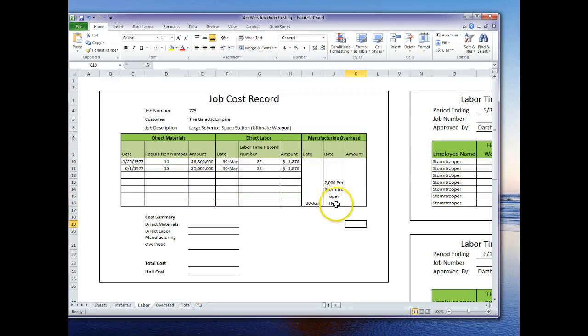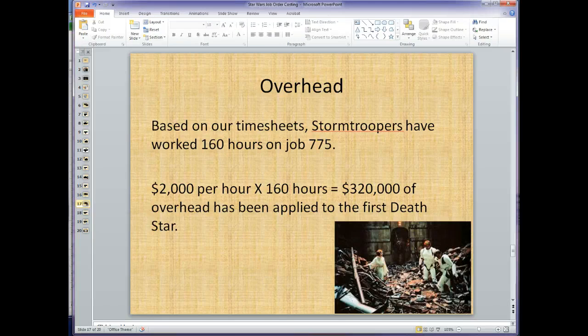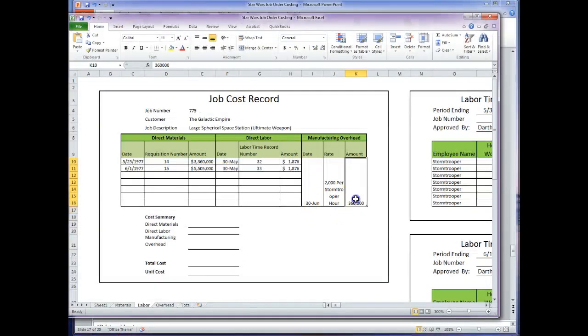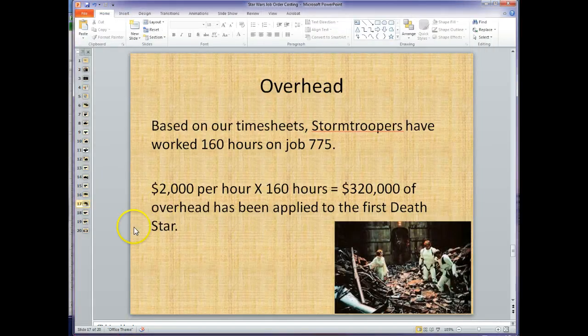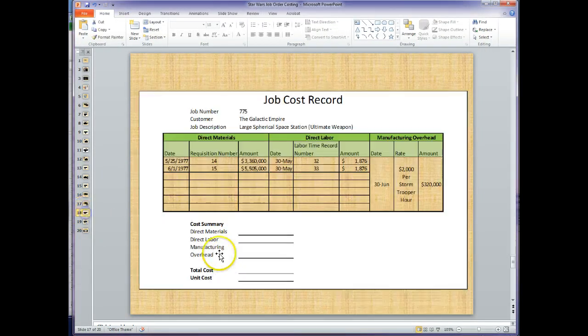So every hour that the stormtrooper works, we're allocating $2,000, and that's going to be $360,000. I think we calculated on this slide here. I said on this slide here. Okay, there we go. Or $320,000. My bad. Yeah, bad memory. Getting old. Old enough to remember Star Wars. Okay, and there's a trash compactor, by the way.